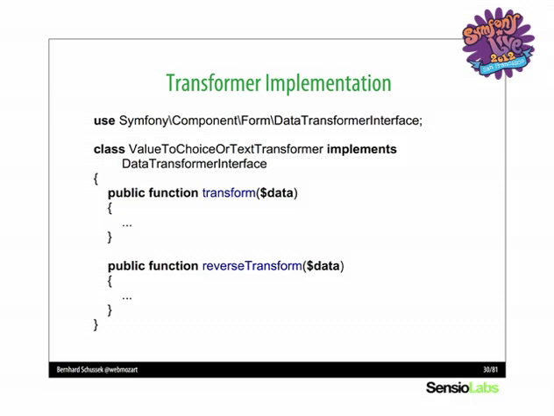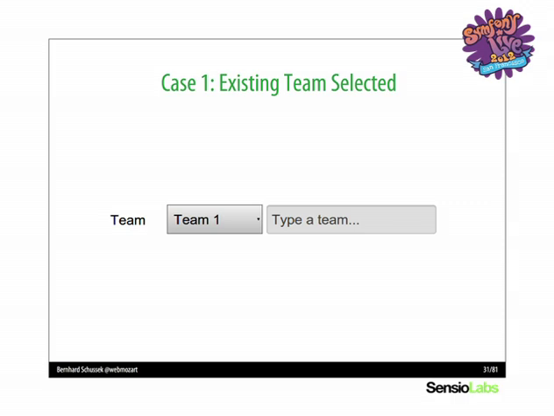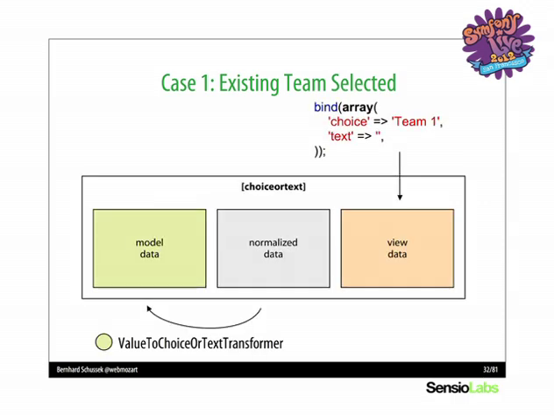So in order to create that transformer, we need to look at two different cases. One case is when we select the value from the dropdown. In that case, the input would be disabled, and we want to return the value that is selected here. So what happens when we bind? We look at the array that is bound.